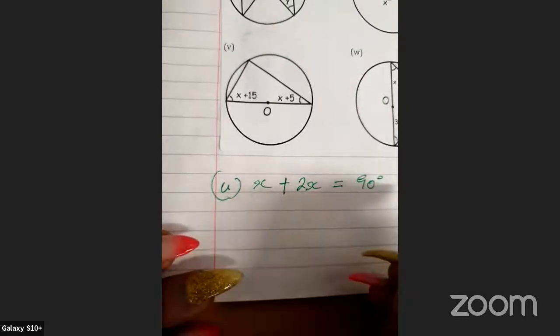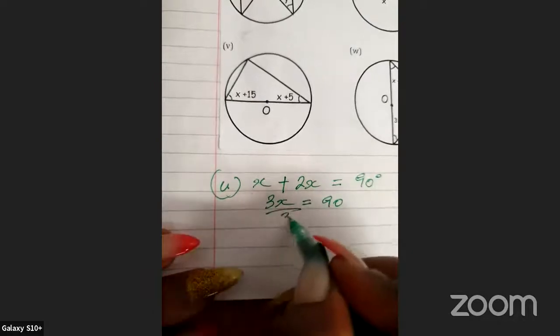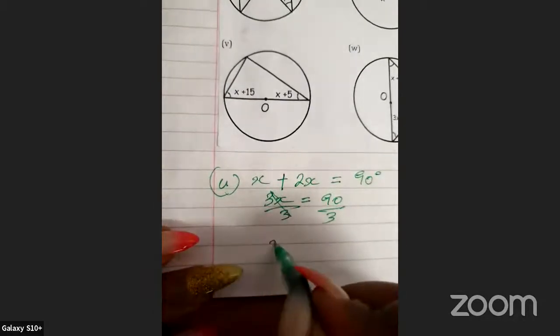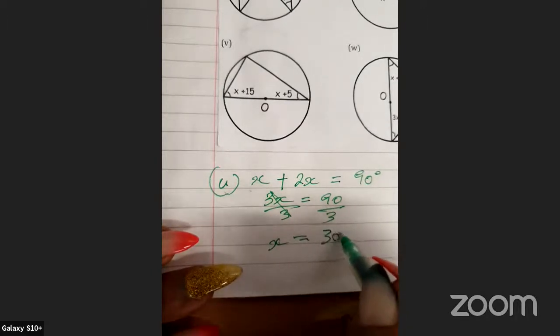That is going to be 3x equals 90 degrees. Divide both sides by 3. x equals 30 degrees.